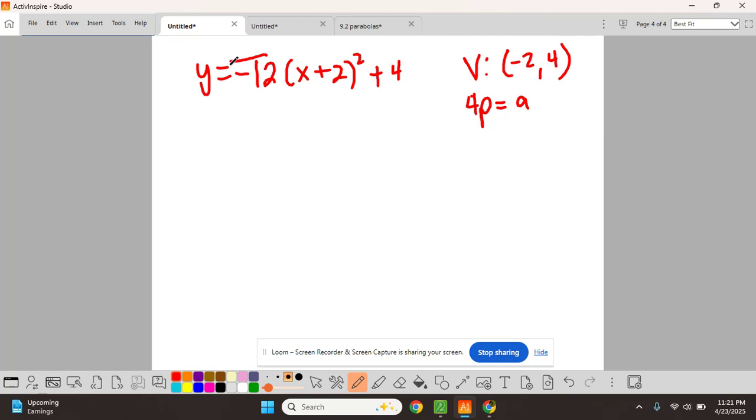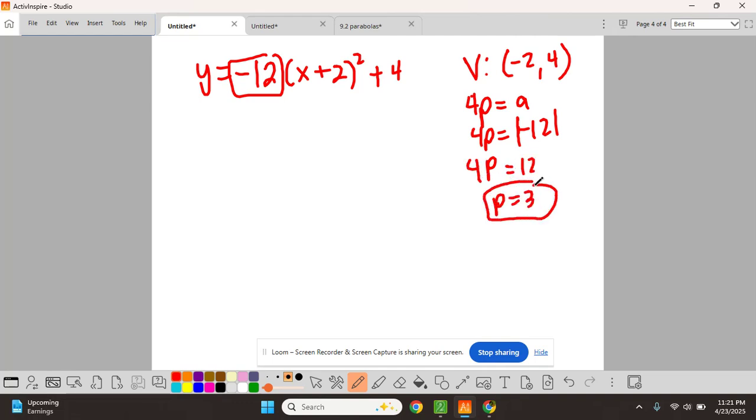In this case, your a is negative 12. So 4p is equal to negative 12. Since it's distance, we have to keep the absolute value, so this is really 4p equals 12. P is equal to 3. That means the distance from the vertex to your focus has to be 3 units away.